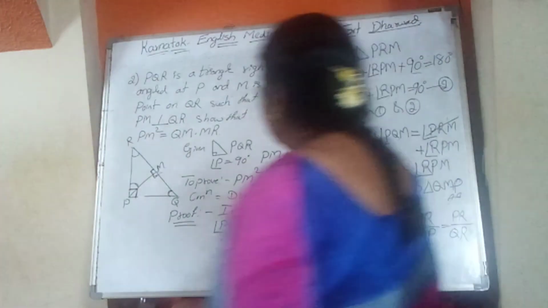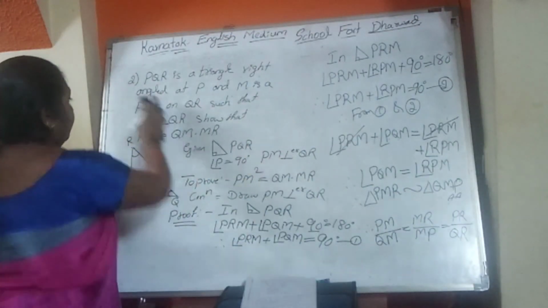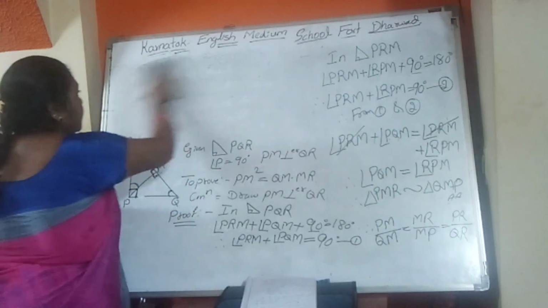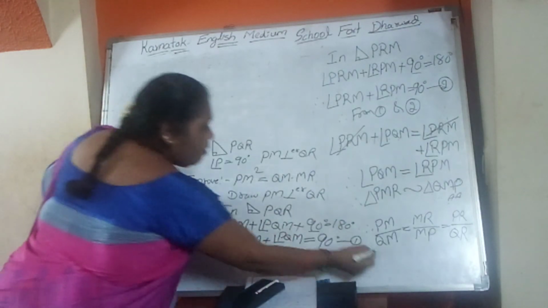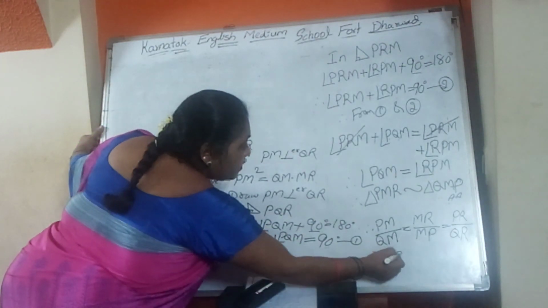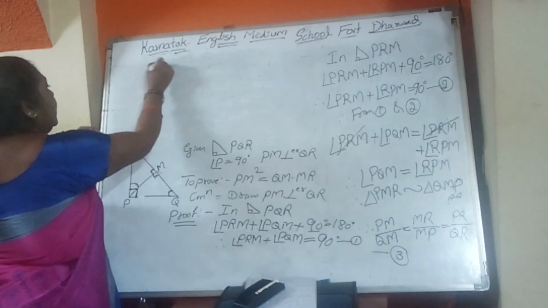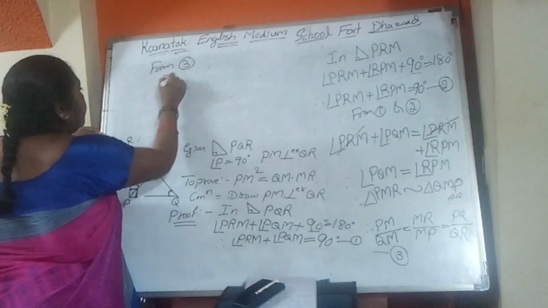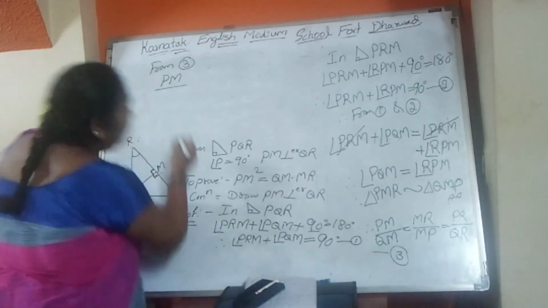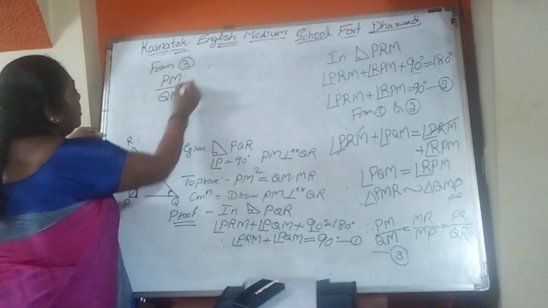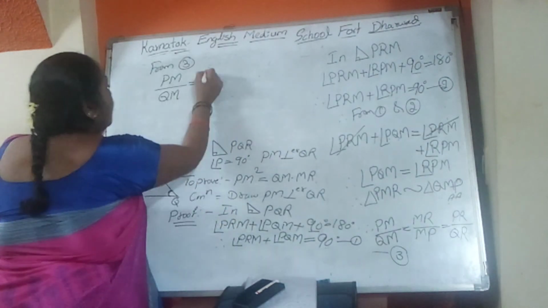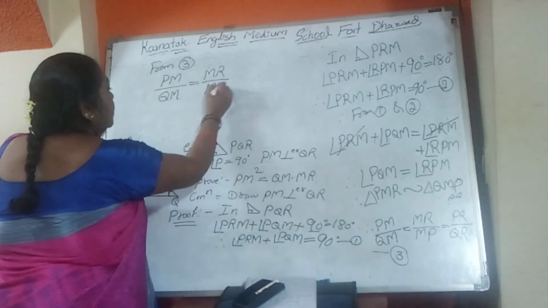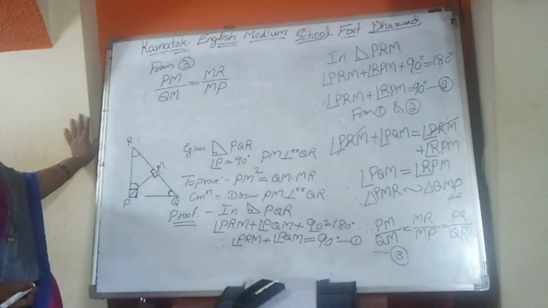Shall I rub this statement? See, this is 3. From 3, PM upon QM equals MR upon MP.